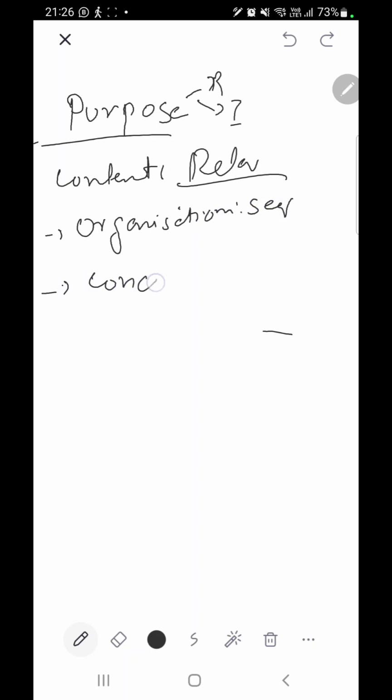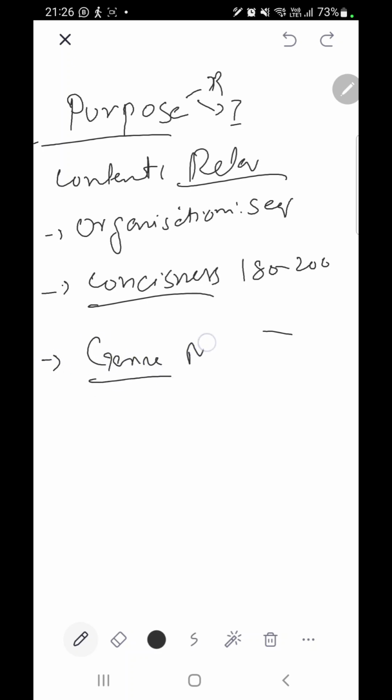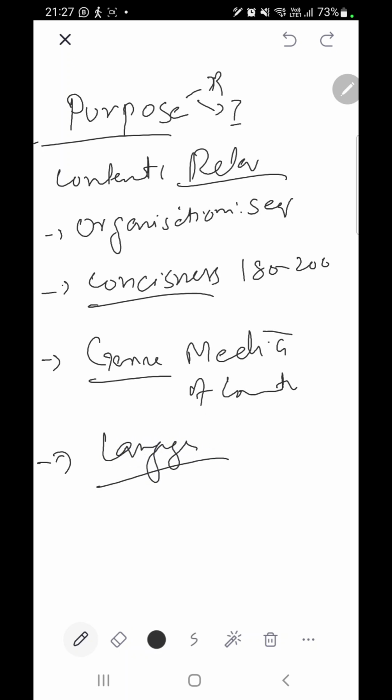We discussed conciseness, which means 180 to 200 words, but not counting the words; you have to summarize the information. Genre is the media of communication that you use, and language again means the tenses, sentences, and so on.